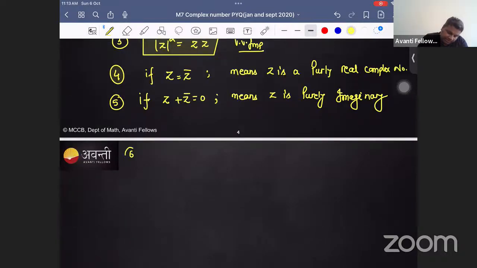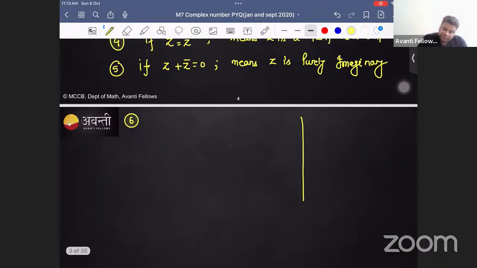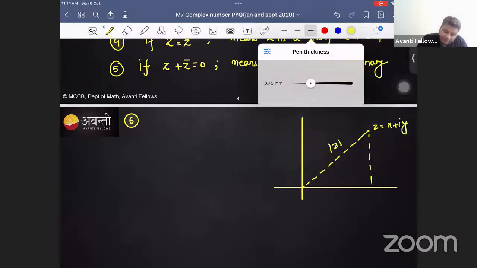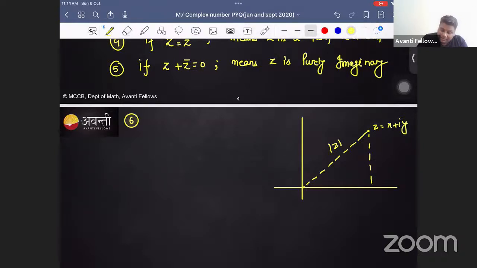Now, the sixth property. See, let us assume there is a complex number z. Now, what will be this length? This length will be magnitude z. If this z is x plus iota y, that means this length is x, this length is y. So mod z will be under root of x square plus y square.